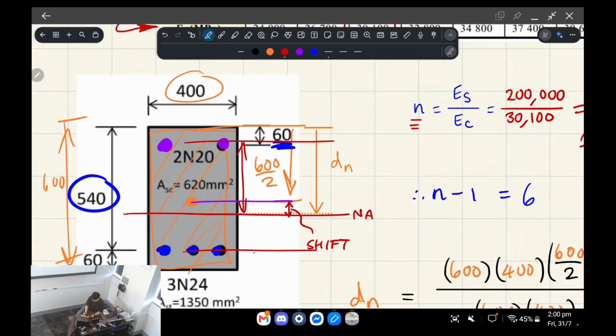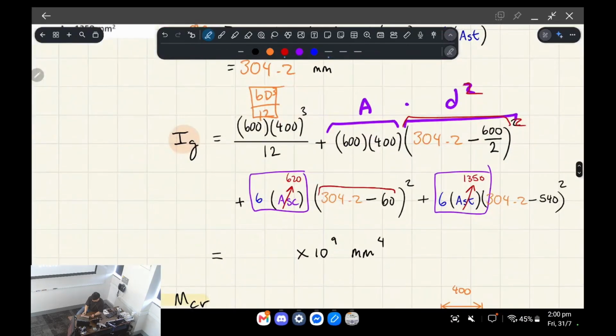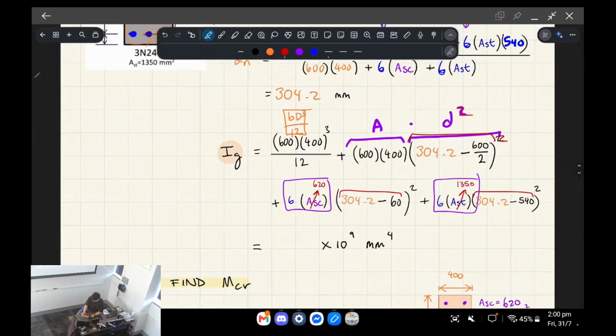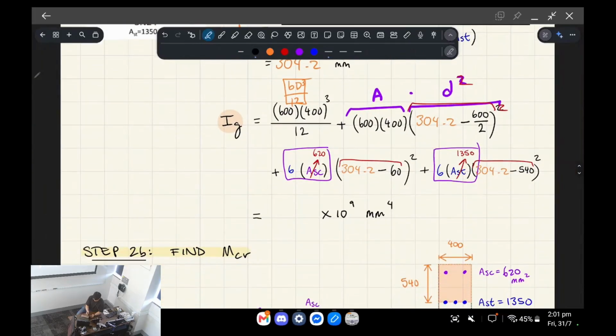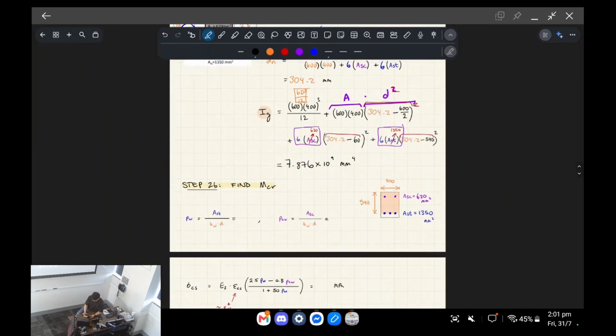And then here is what we're going to do for the shift distance for the tensile steel. So that's the first case, and that's the second case. Now we're able to type this into our calculator, and we get the uncracked moment of inertia. Far out, okay.